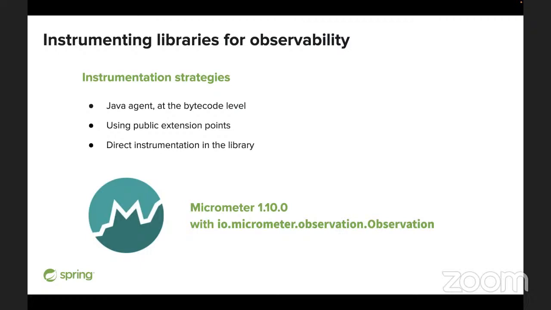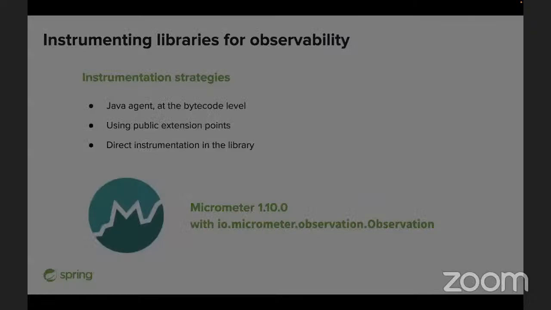And the next generation is using the third option. There is a new observation API coming with Micrometer 1.10. It's a very thin, very lightweight jar that becomes mandatory in some of the dependencies, and the dependencies themselves use it to provide metrics. The other advantage is that there is no longer a distinction between metrics and traces. In the next generation, everything is built in, so you get metrics and distributed traces, as we will see.